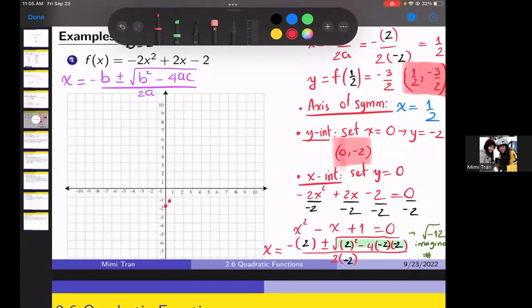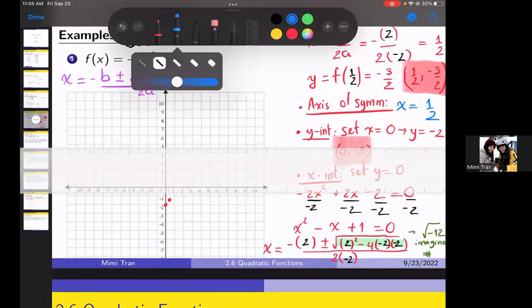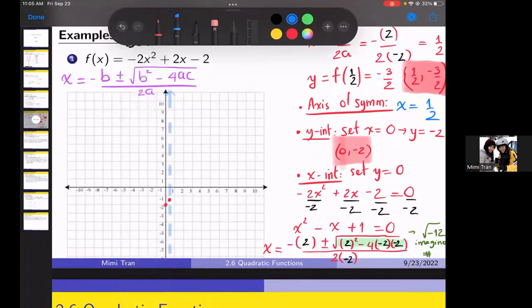It's not going to touch the x-axis. That's why you don't have an x-intercept. And then the axis of symmetry is x equals 1/2. I recommend you draw the axis of symmetry as a dashed line, because it's something that you do yourself. You're not going to see it on the real graph.